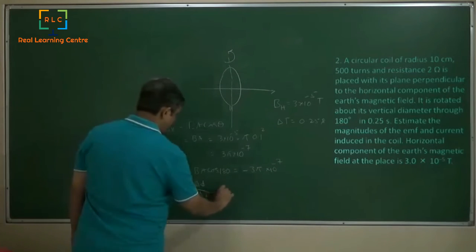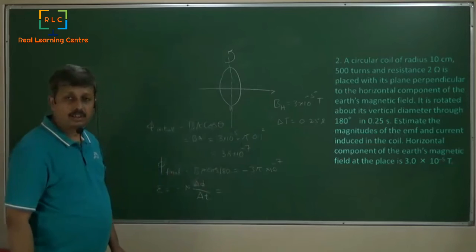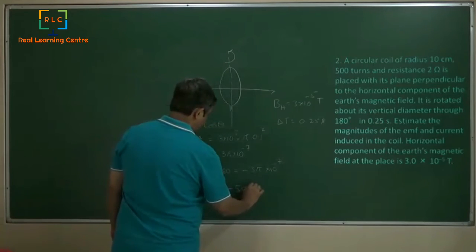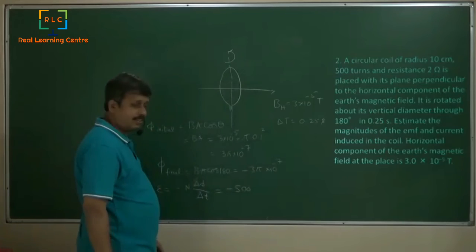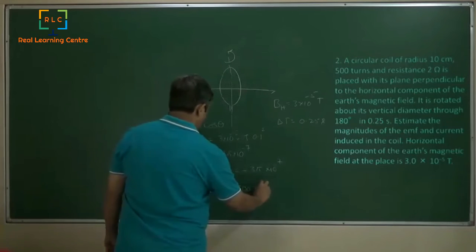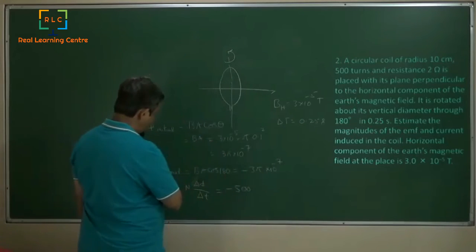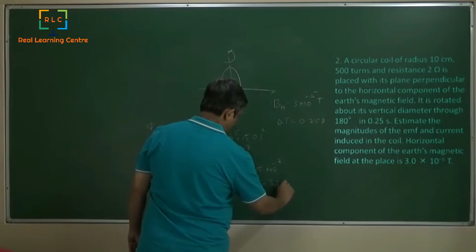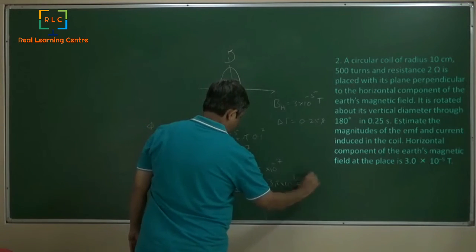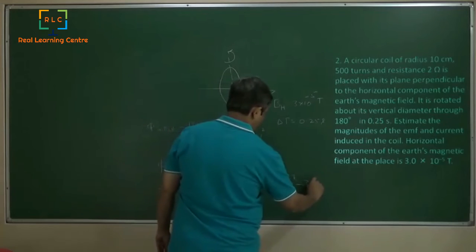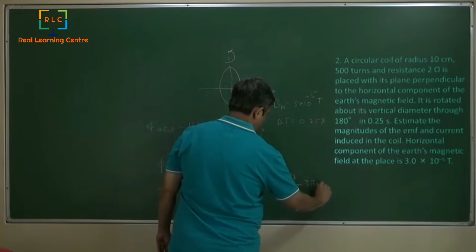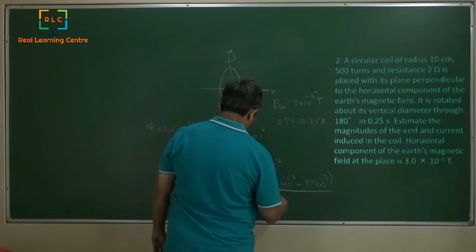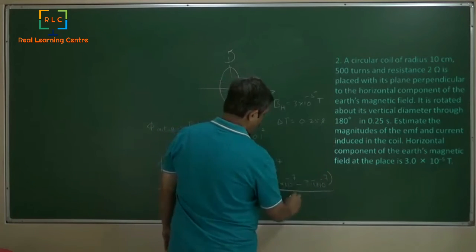N is 500 turns, so minus 500 into delta phi, which is phi final minus phi initial: minus 3 pi into 10 power minus 7 minus 3 pi into 10 power minus 7, whole divided by delta t, which is given as 0.25 seconds.